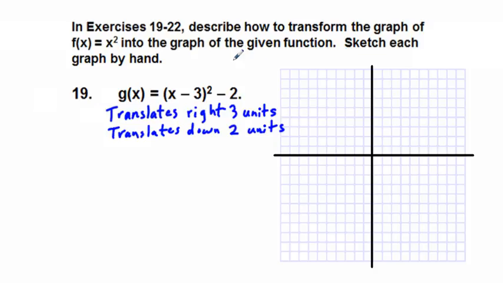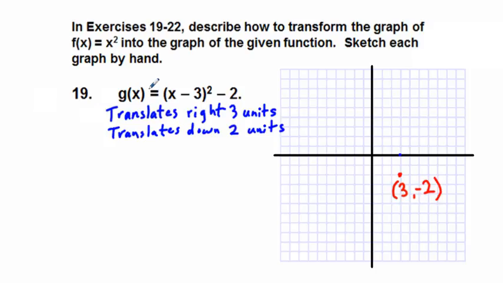So we have translates right. We're going to go over here to the coordinate plane. We go right 3 and down 2. So right here in red is the vertex, and the coordinate pair for that vertex is going to be 3, negative 2.